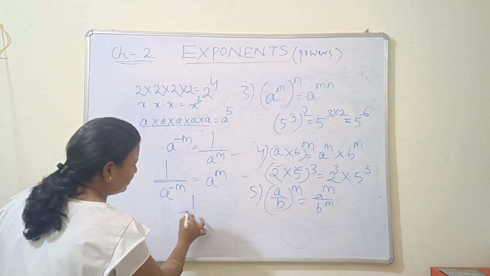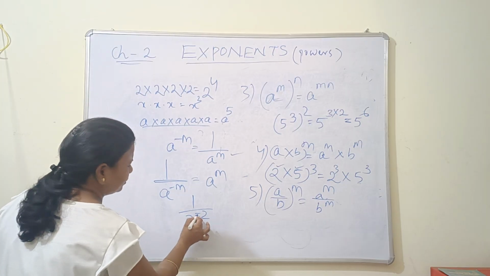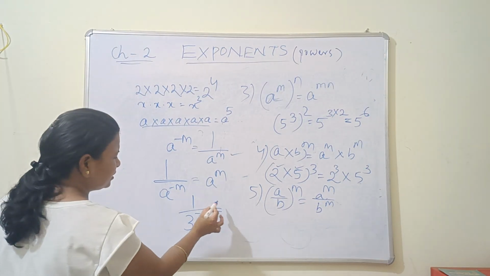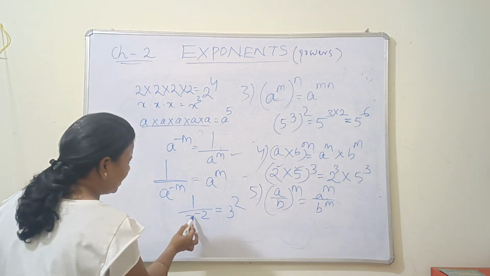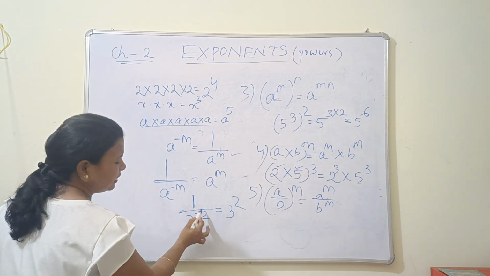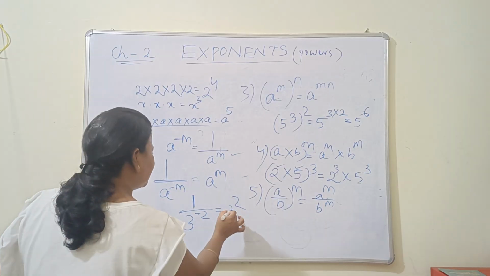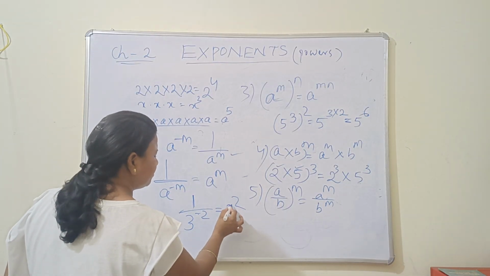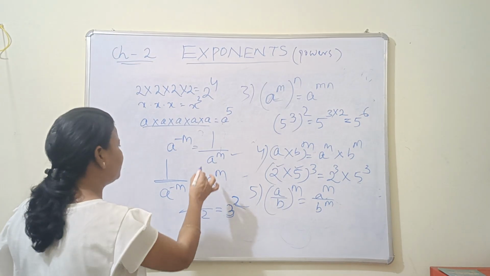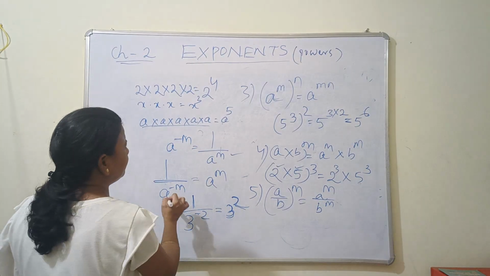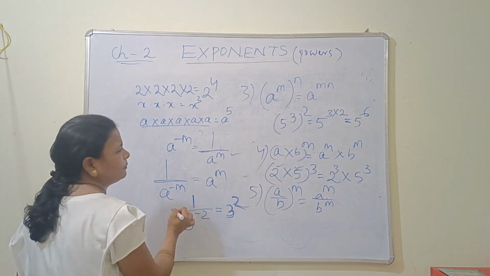For example, 1 by 3 to the power minus 2 will be written as 3 to the power plus 2. Why? Because in the denominator, the base has a negative power. In the numerator, this same base will have a positive power. And take this one: a to the power minus m is equal to 1 by a to the power m.